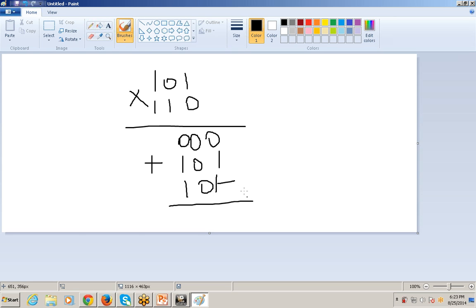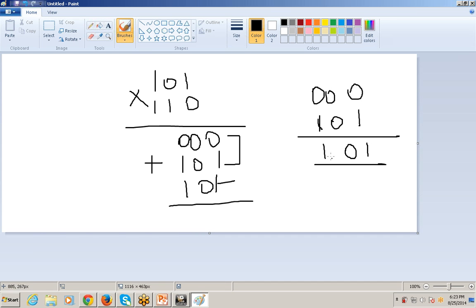Now I have to add these numbers. So first of all, I am adding only these two, that is 0, 0, 0 and 1, 0, 1. The output is the same, 1, 0, 1. Now use these 3 bits to add this number. This is again 1, 0, 1.